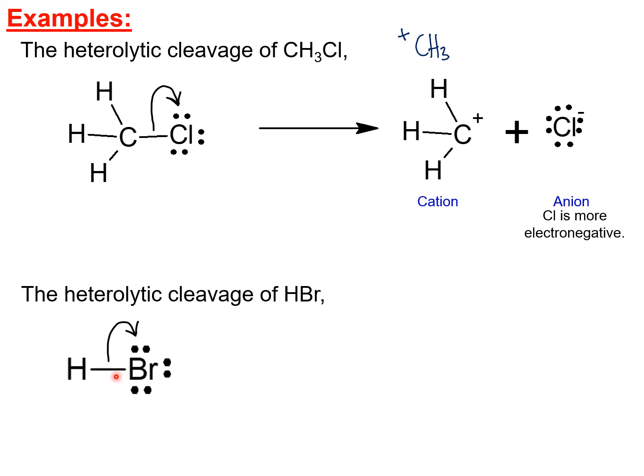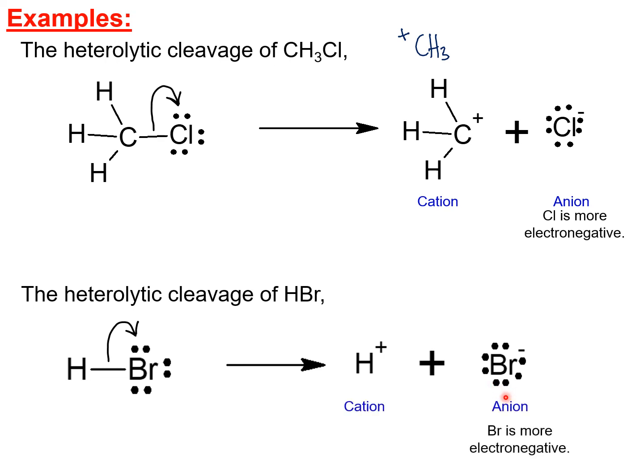Jadi kita nak pisahkan bond between hydrogen dan Br atom ialah kita show it dengan lukis this arrow, this double-headed arrow daripada source of electrons dekat bond ni kepada Br atom. Okay, and then nanti you akan dapatlah reaction intermediates of heterolytic cleavage, di mana you akan dapat cation dengan anion. Cation ni adalah H+, and anion ni adalah Br-. Okay, and we know that Br is more electronegative compared to H atom.